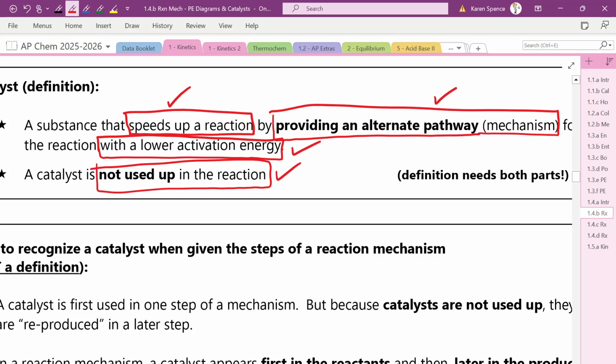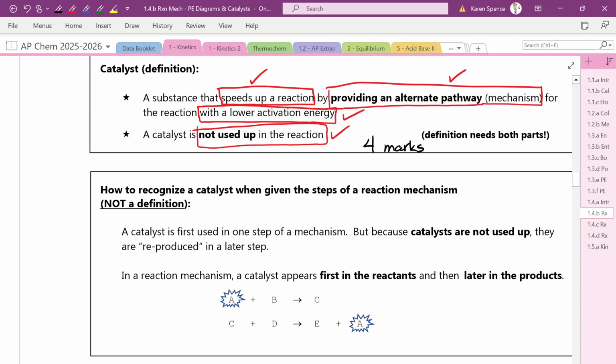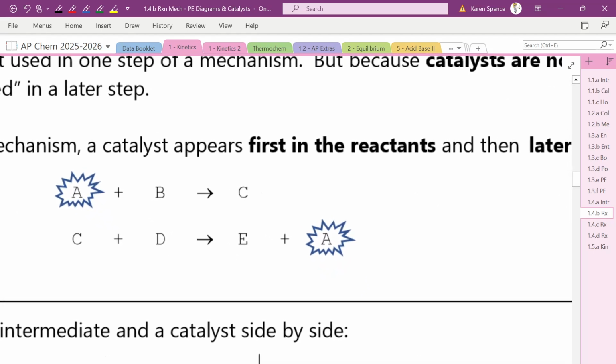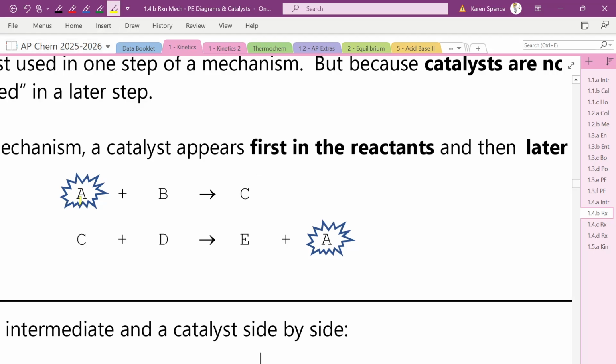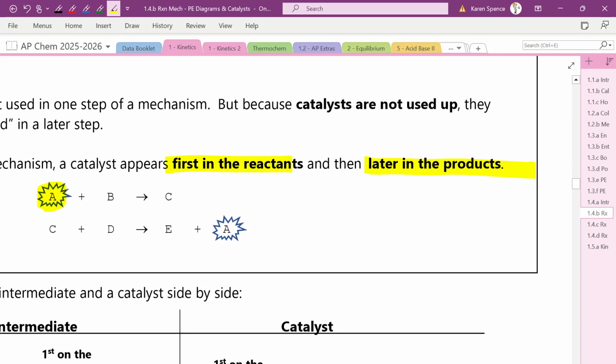Yes? So what does that mean that it is not used up? What it means is that unlike a reaction intermediate, the catalyst appears first in the reactants, and then it comes out later in the products.